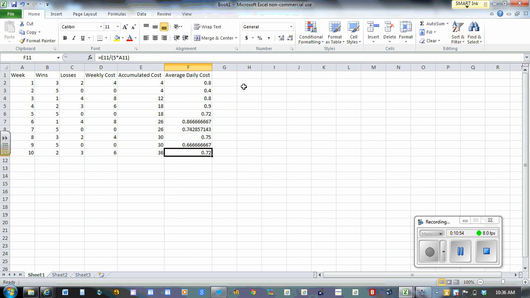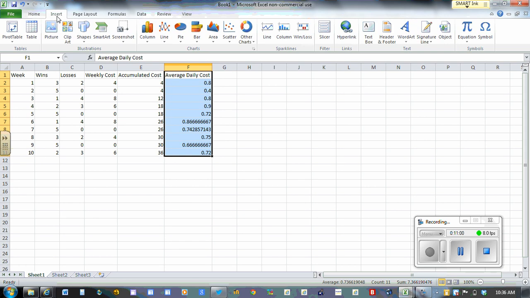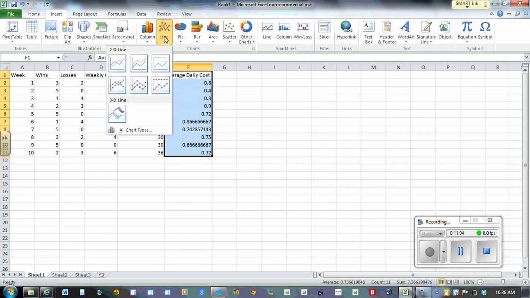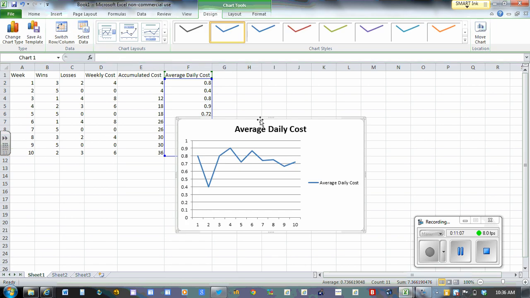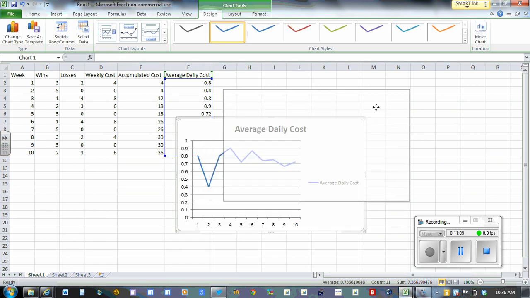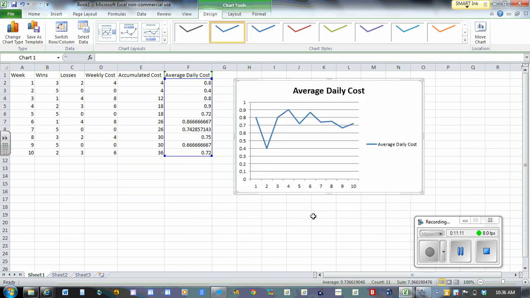To make this more visual, it would be quite helpful for us to insert a graph. So I'm going to highlight that area, go to Insert, and choose a line graph. Here's our line graph. It's that quick and easy, and it shows us the average daily cost over time.